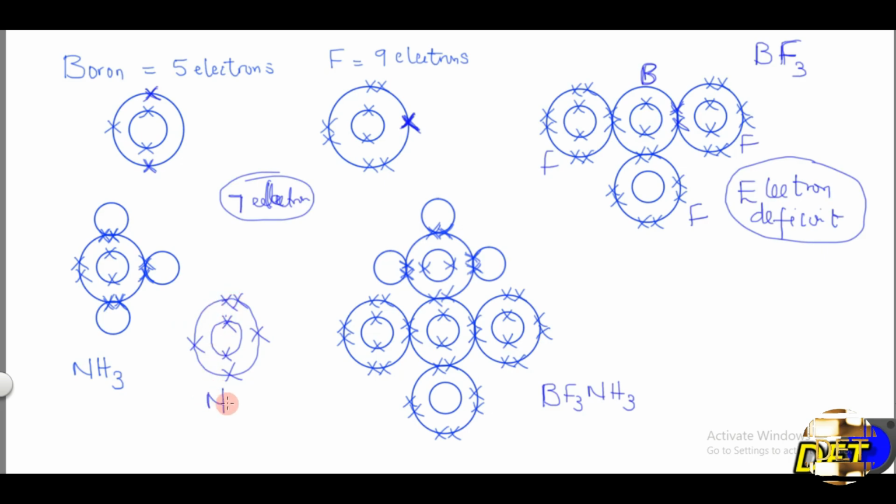So when nitrogen bonds with hydrogen to form ammonia, there are 3 atoms of hydrogen in ammonia. Hydrogen is number 1 element in the periodic table, and so it has just 1 electron, right? So this is hydrogen. This is just the electronic configuration of hydrogen. So you would need 3 hydrogen to bond with nitrogen to form ammonia, right?